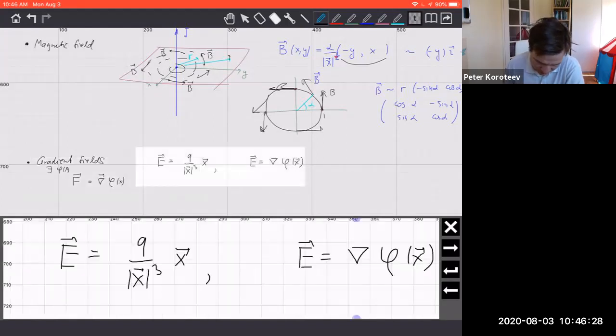Again, we can use a reminder from physics, or we can just calculate it. What should be the function such that its gradient is equal to x divided by the absolute value of x cubed?